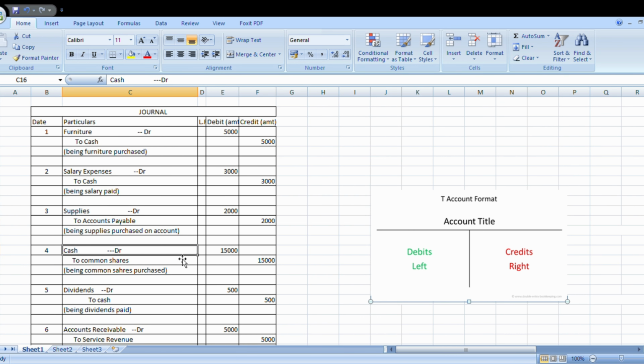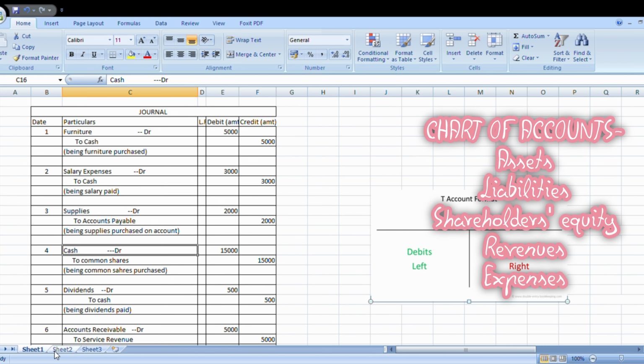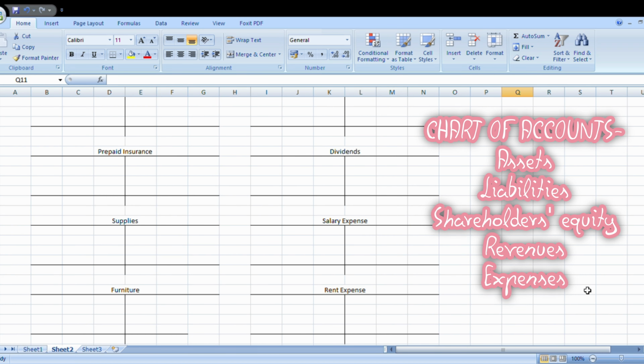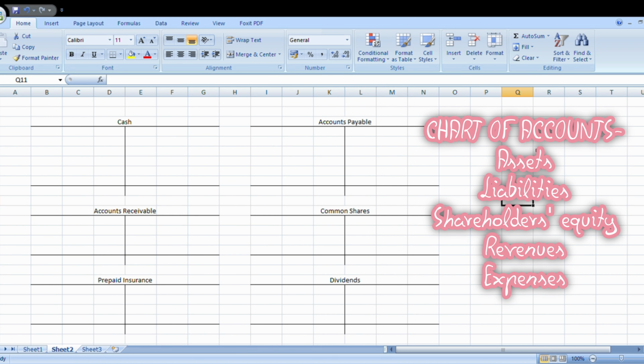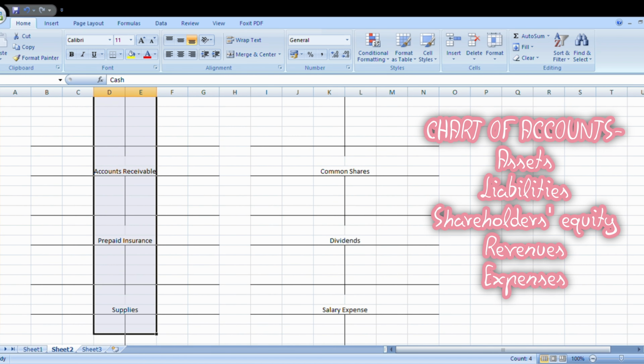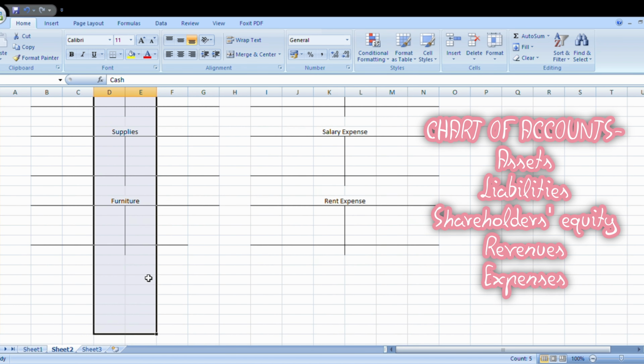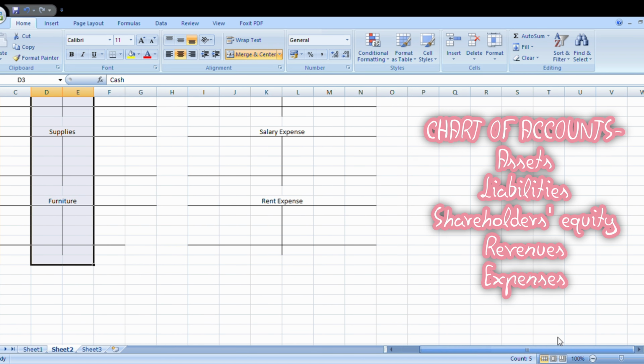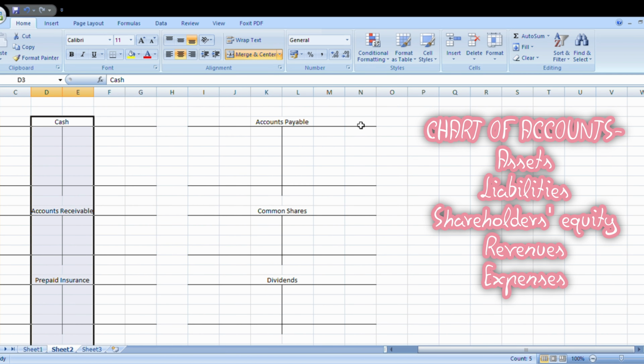Now there is a format in which these accounts are prepared, that is called chart of accounts. These chart of accounts are prepared in a format which is, first of all, we record all the assets. All the assets are recorded first, and then after recording the assets, we record all the liabilities.